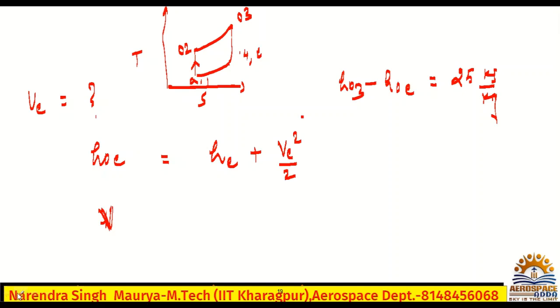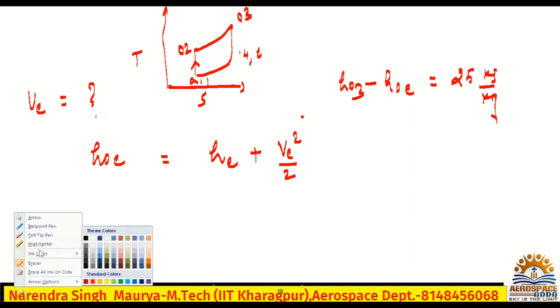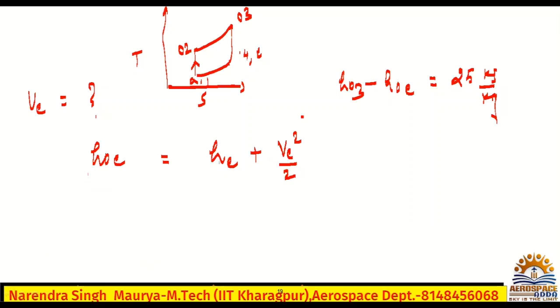What will be the VE in this case? Because I need to calculate VE, so directly I will write this. We know total enthalpy is equal to static enthalpy plus enthalpy equivalent to velocity. So what will be the velocity here? VE velocity will be root of 2 times H naught E minus HE.